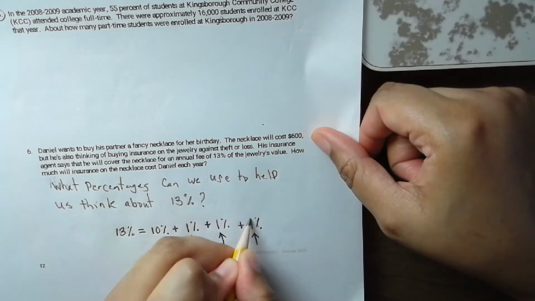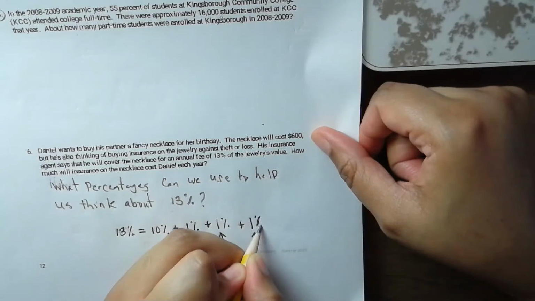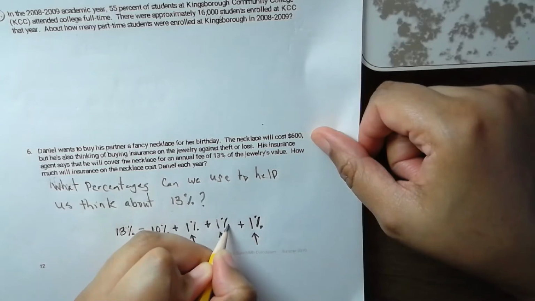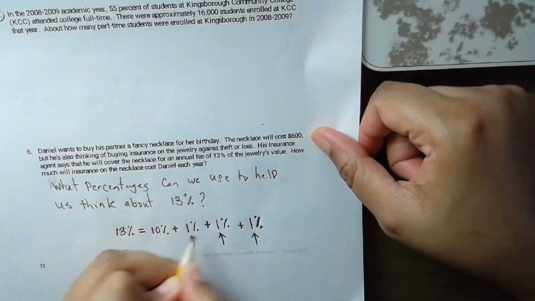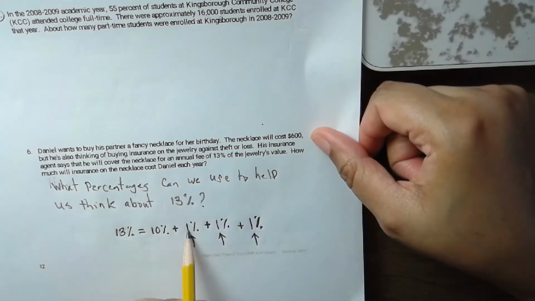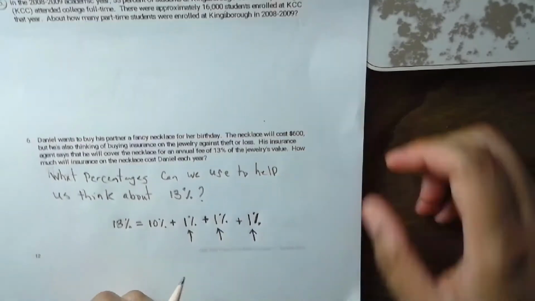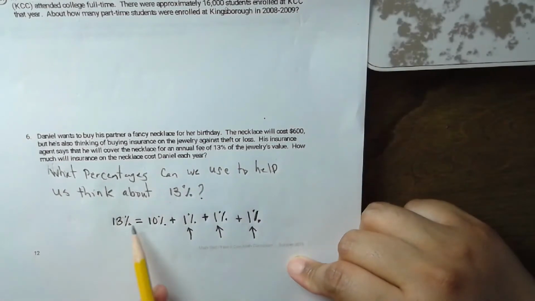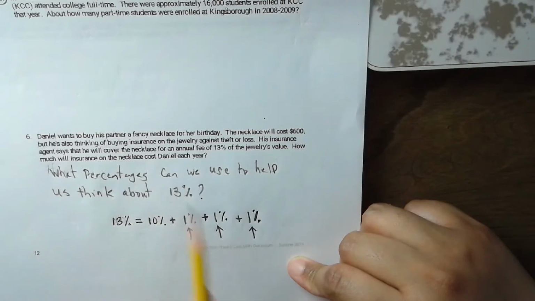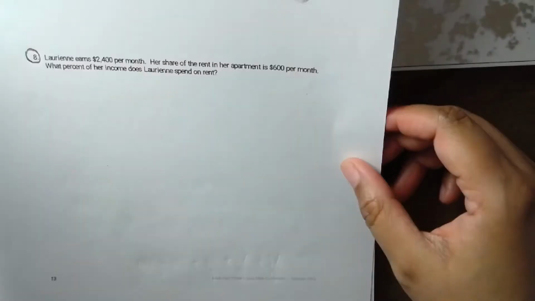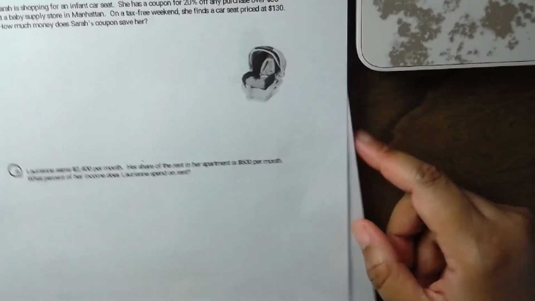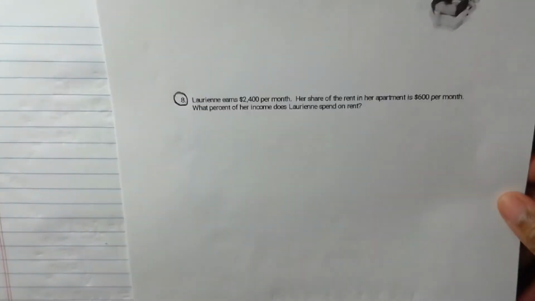This lesson is going to be taught on a video call with Constance, so make sure you attend on Monday to learn how to find 1%. Hold off on this question until then, but at least you have the start of it. Once you do that, come back and do this question. In the meantime, I'll let you try question 7 on your own, and we're going to move on to question 8.